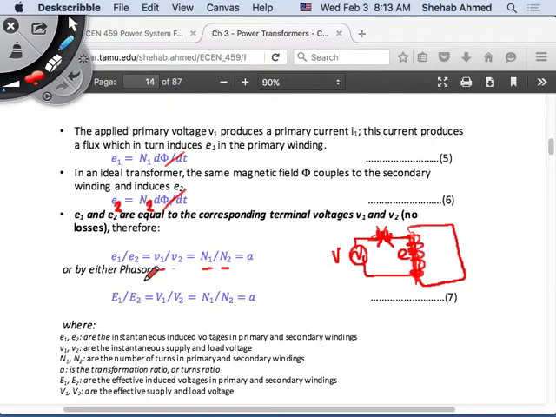This is a sinusoidal signal with a certain frequency, 50 hertz for example, so we can write it in the phasor domain, or write the RMS value of it. In phasors, we use capital letters to represent phasors. So that's what we have for the ideal transformer.